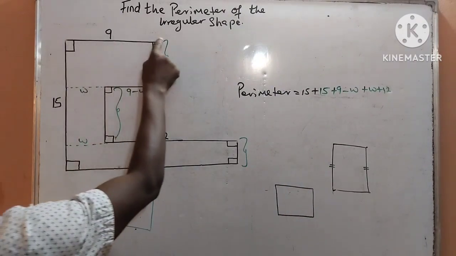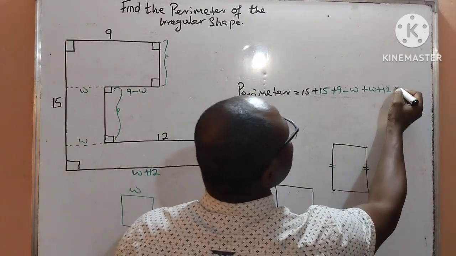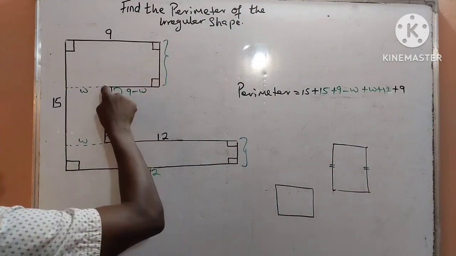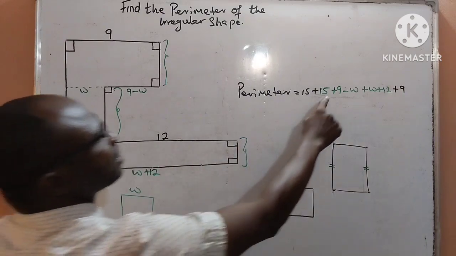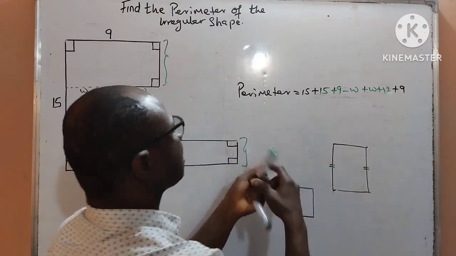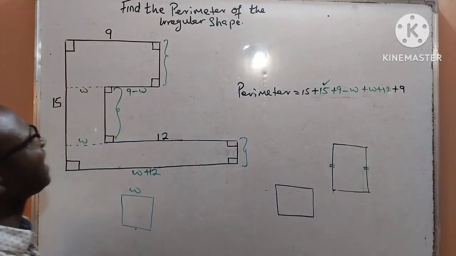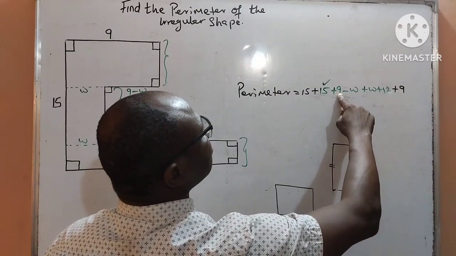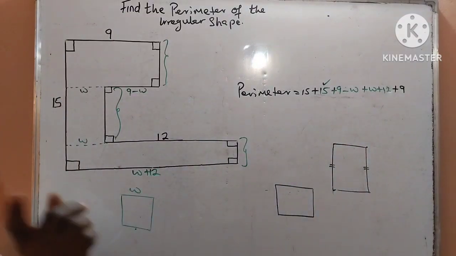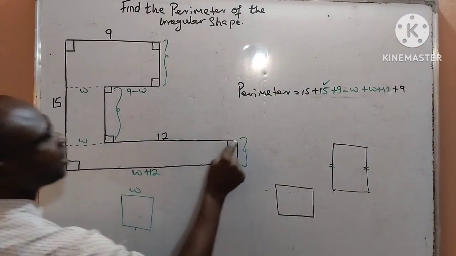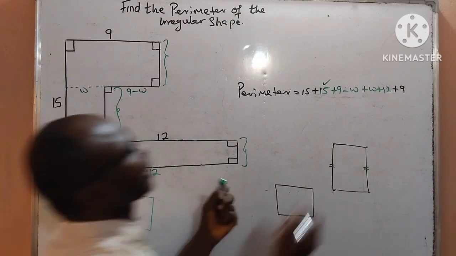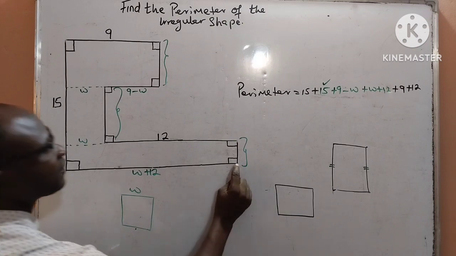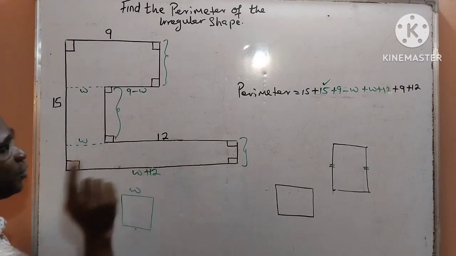Next, from here to here, which is 9, we have not added it. Then, from here, 1, 2, 3, is this 15. Next, from here to here is 9 minus W. Next, from here to here is 12. Finally, from here to here is W plus 12.